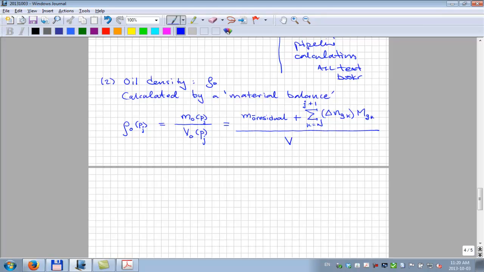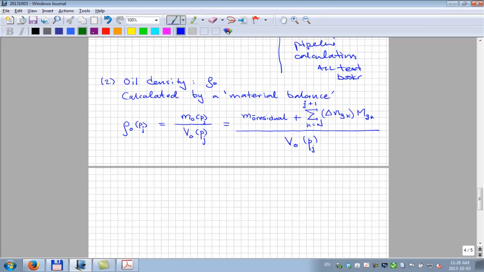And then just divide it by the oil volume measured at that particular stage, J. So it's calculated by this material balance.